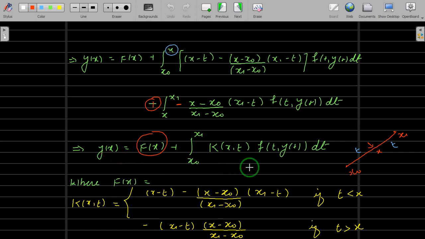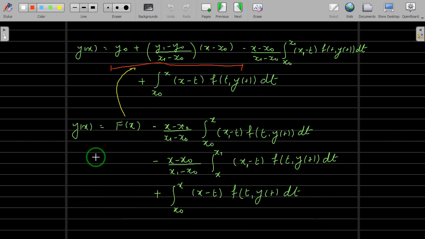So what we have done is, we took a first order differential equation with boundary conditions and got a Fredholm integral equation of first kind, and we took a second order differential equation with boundary conditions and saw that it is converted into a Fredholm integral equation of second kind.